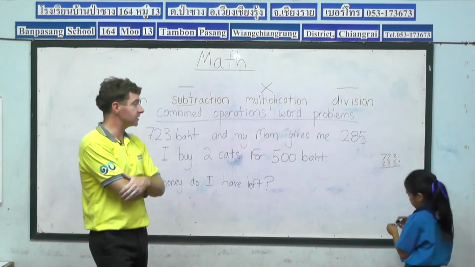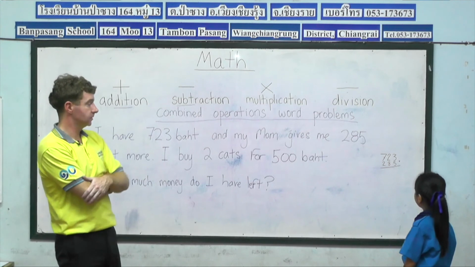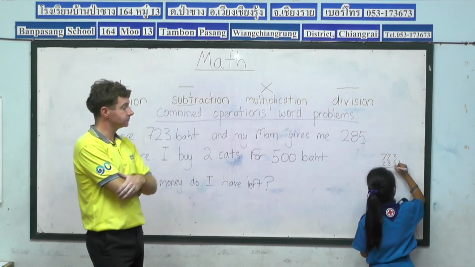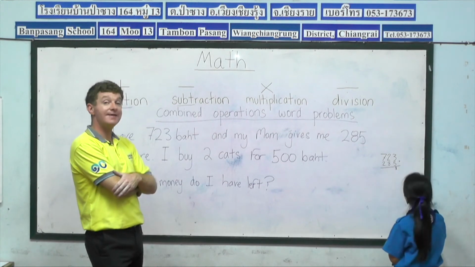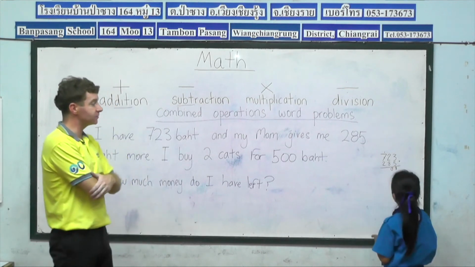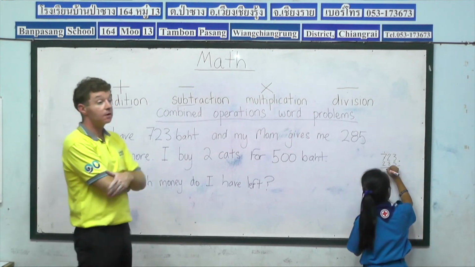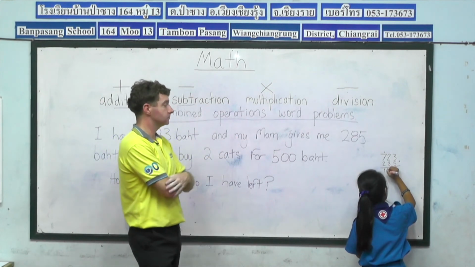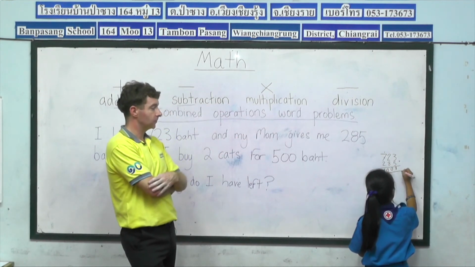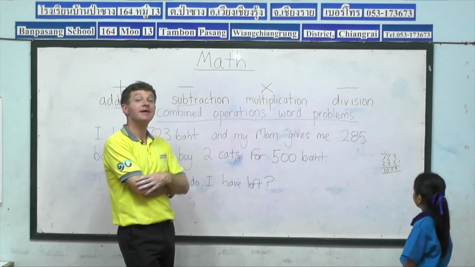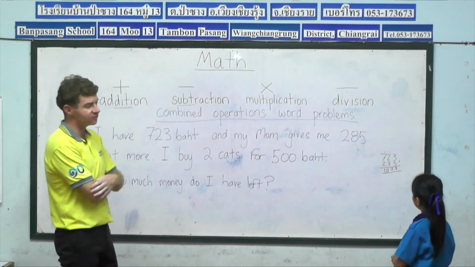So our first calculation is addition. So 3 plus 5 equals 8. 2 plus 8 equals 10. So we write 0, carry the 1. 7 plus 2 equals 9, with the 1 we carry equals 10. Okay, so we have part of our answer, 1008.